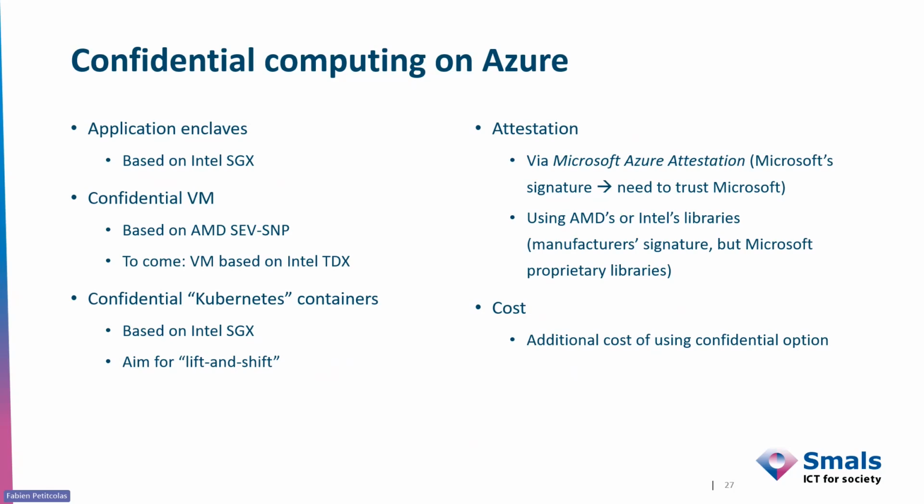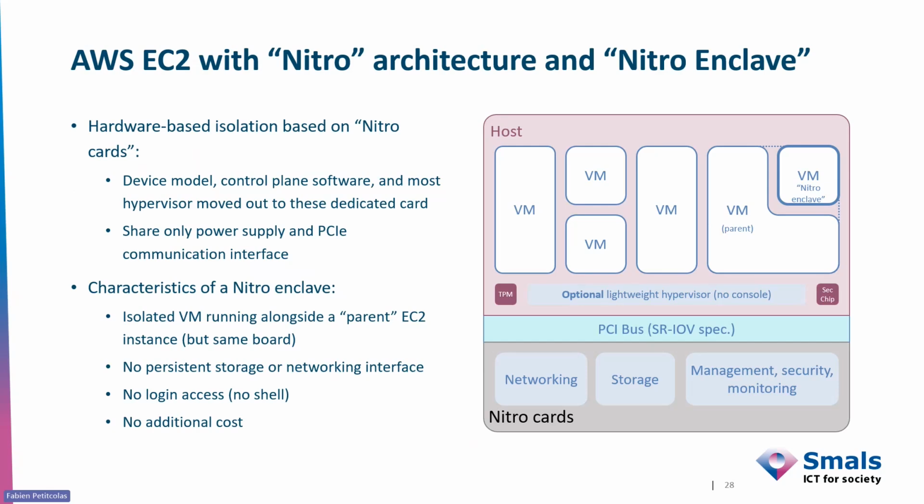On AWS, it's of a different nature. AWS has been rolling out, since 2017, I believe, what's called the Nitro architecture, and more recently what's called the Nitro Enclave technology.